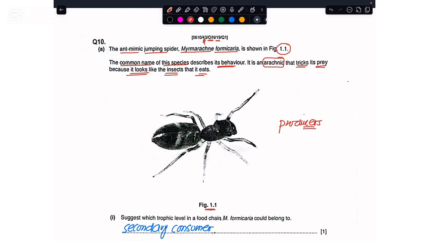And after the producers, there would be the prey that would be eaten up by the spider. So at the bottom we would have a producer, then the prey would be acting as a primary consumer, and the spider would be acting as a secondary consumer.